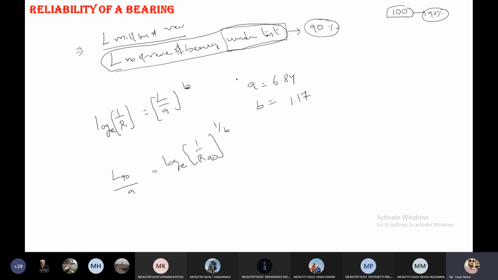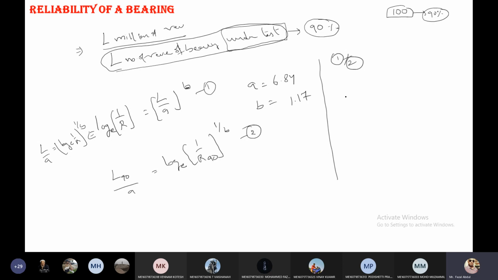Okay. So here this is the first equation and this is the second equation. Now I am writing as per the definition, nothing but 1 divided by 2. So the first equation, I am modifying this equation here: L by a equals log e 1 by R power 1 by b.